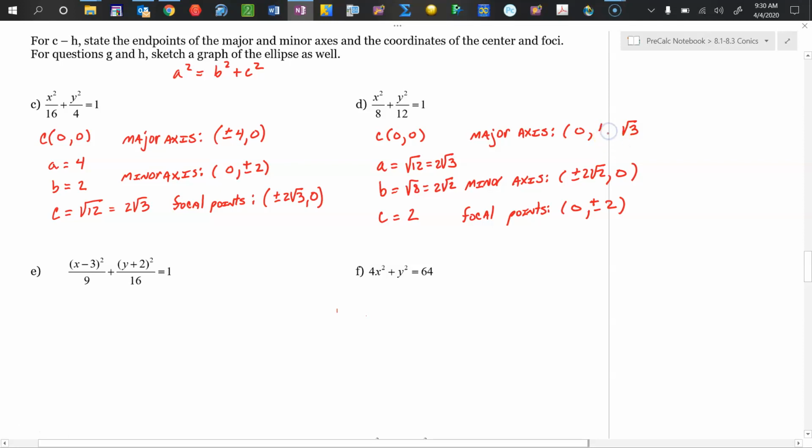That should be 0, comma, plus or minus 2 root 3 to get the endpoints of the major axis. We start at the center and move left and right b units to get to the endpoints of the minor axis, plus or minus 2 root 2, comma 0. And we move up and down from the center, because the major axis is vertical, to get to the focal points, 2 units. So 0, comma, plus or minus 2.